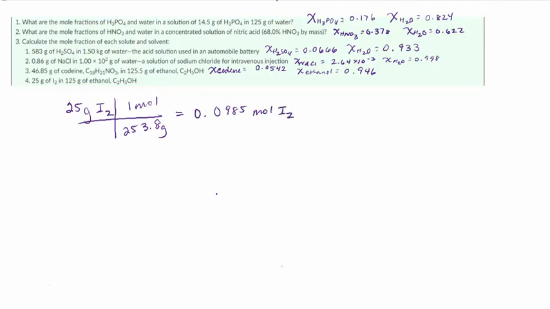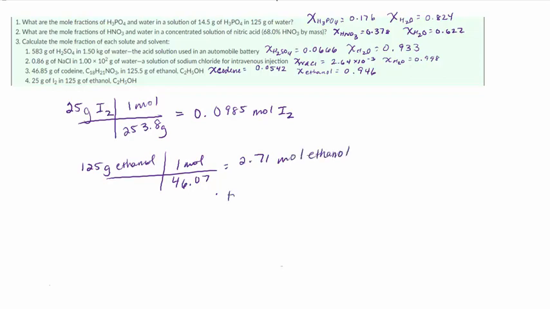Now for 125 grams of ethanol, and I found the molar mass of ethanol in the previous problem, I have 2.71 moles of ethanol. So that gives me a total of 2.81 moles. So for my mole fraction of iodine, I have 0.0985 divided by my total moles, 2.81, in order to give me 0.035 as my mole fraction of iodine.